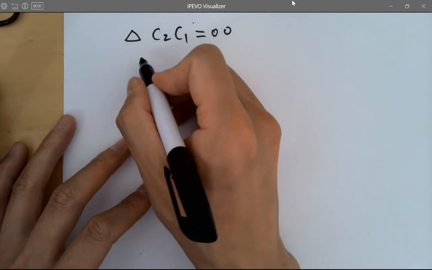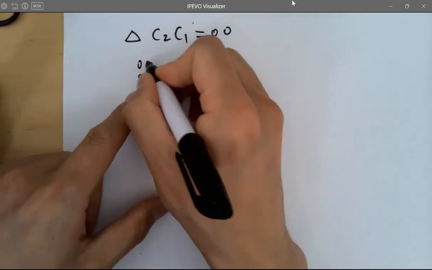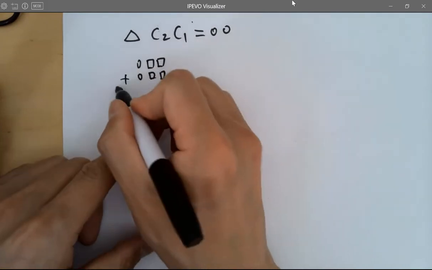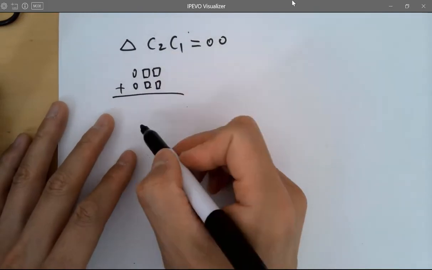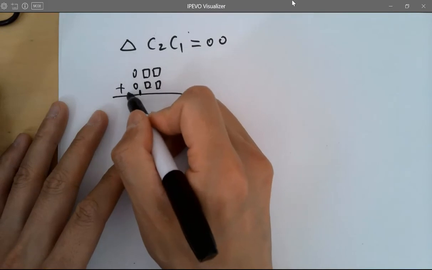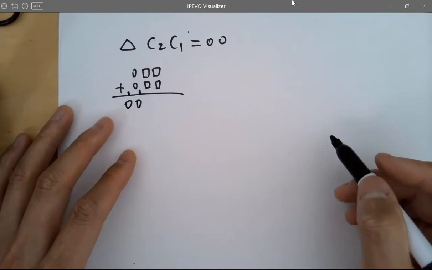For example, if the 3-bit numbers, the 2 addends, are 0, 0 for the MSB, whatever is here, I don't care. If these 2 addends are added together, because C1 and C2 are both zeros, where C1 is over here and C2 is over here, you are actually getting 0, 0 for the final result.